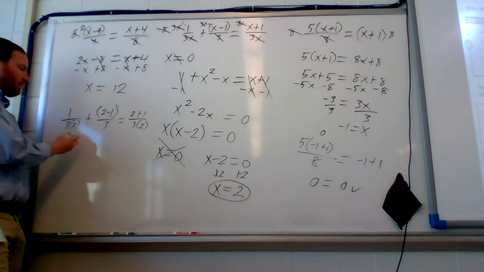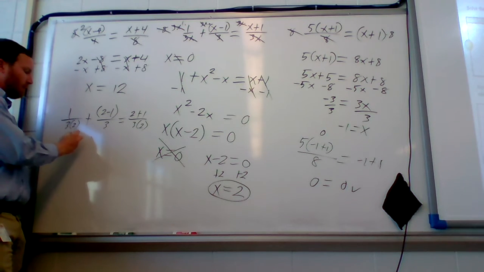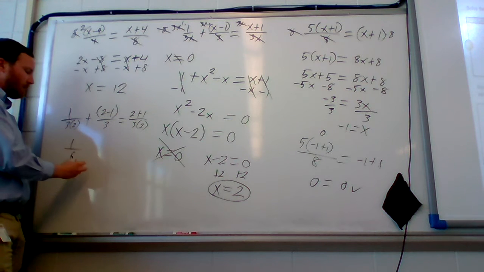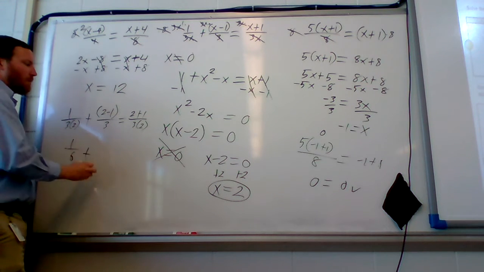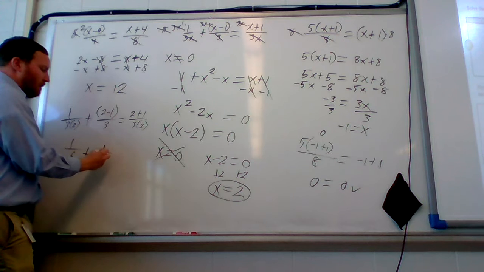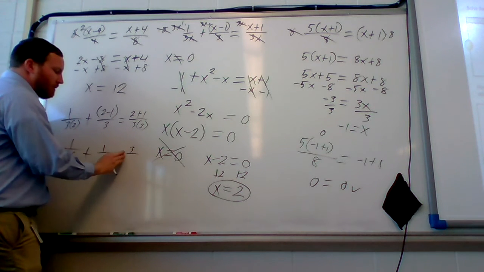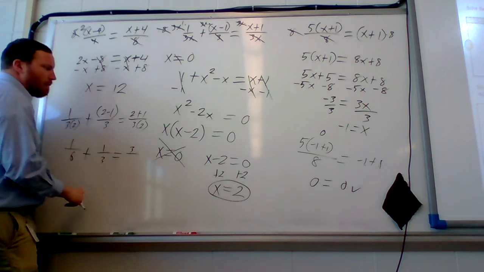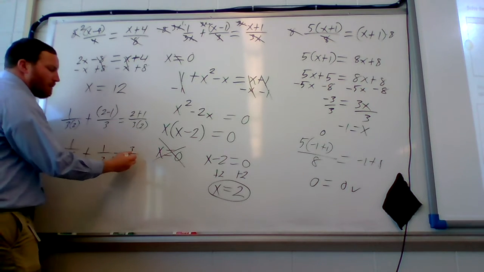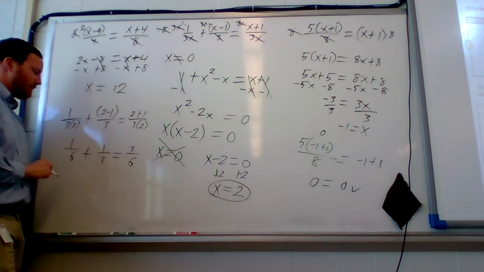So 1 over 3 times 2 is going to give us 1/6. 2 minus 1 will get us 1/3, equals 2 plus 1 gives you 3, 3 times 2 gets a 6.